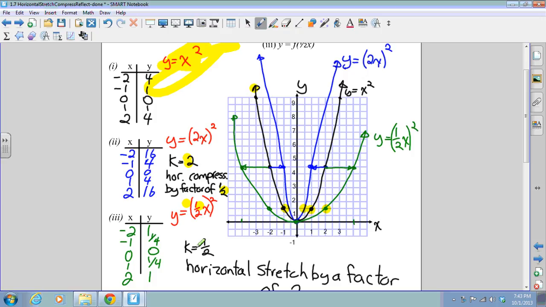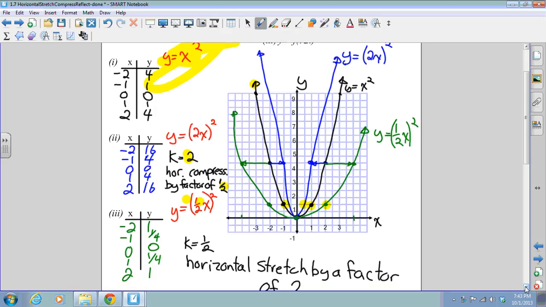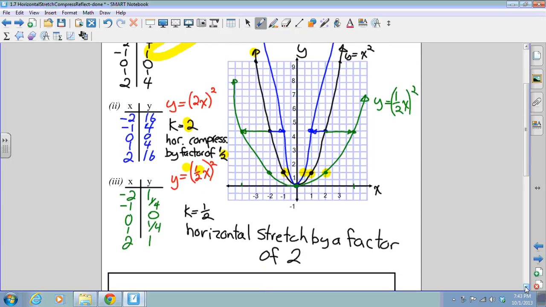Okay? So if k equals 1/2, actually it's going to be stretched. If you put it in the formula 1 over k, it's going to be stretched by a factor of 2. As you can see in the diagram, between the parent function where x is 1, it becomes x equals 2. Okay? Because it's been stretched twice as much.